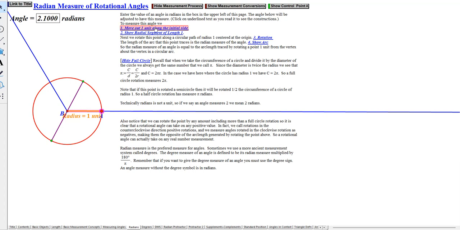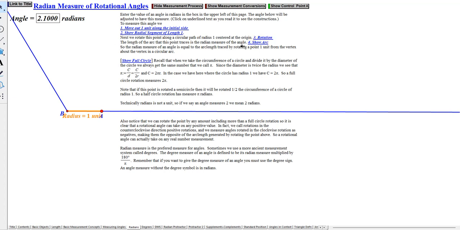Okay, and let's hide the full circle and just see what happens with that point. As we rotate it around, that point is going to trace out a path there. You see that? And so the length of that red arc is the radian measure of that angle.